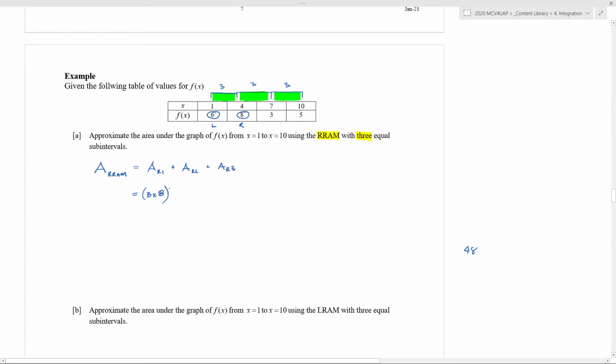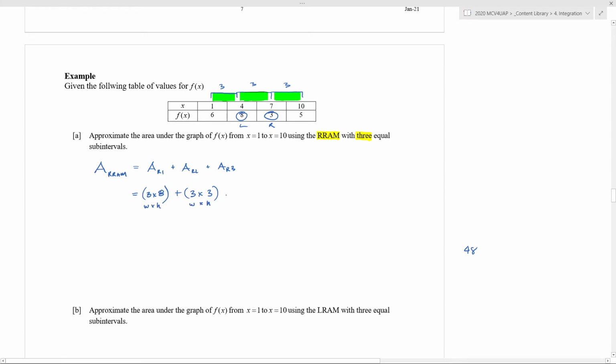Then I erase that and I move to my second rectangle. Now I'm going to be looking at either 8 or 3 as my height. But because it's a right rectangular approximation, I'm going to use 3 as the height. So that would be a width of 3 times a height of 3. Again, this is width times height. This is width times height.